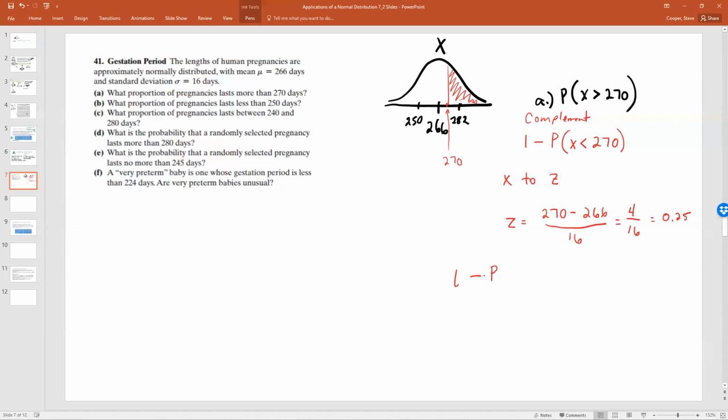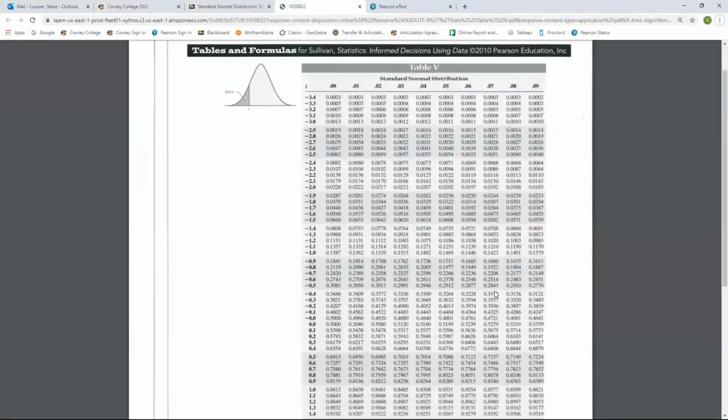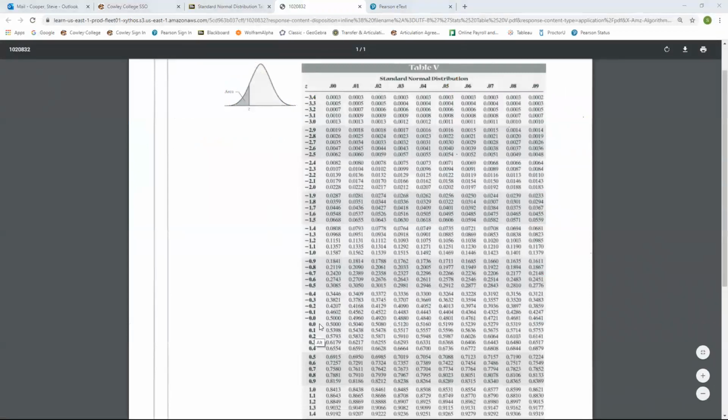We want 1 minus the probability z less than 0.25. Okay, so back to our standard normal table. Less than 0.25. Remember, this is giving us less than. And then 0.25, I come over here. And 0.5987.